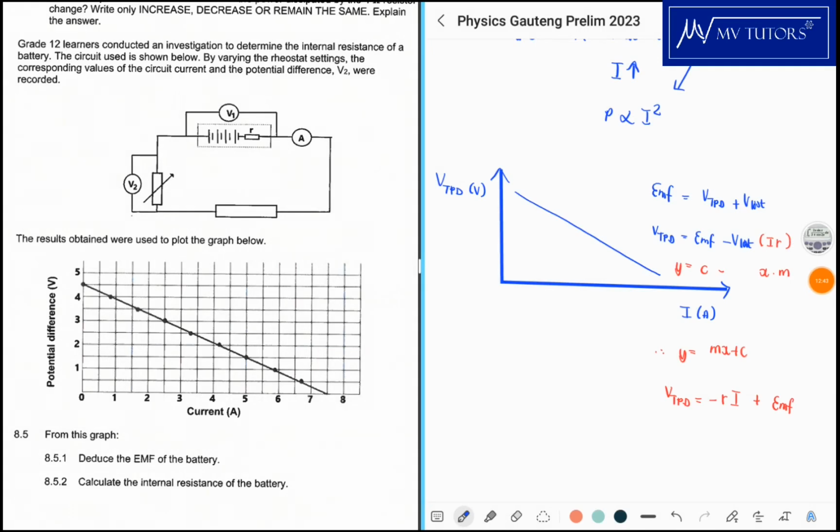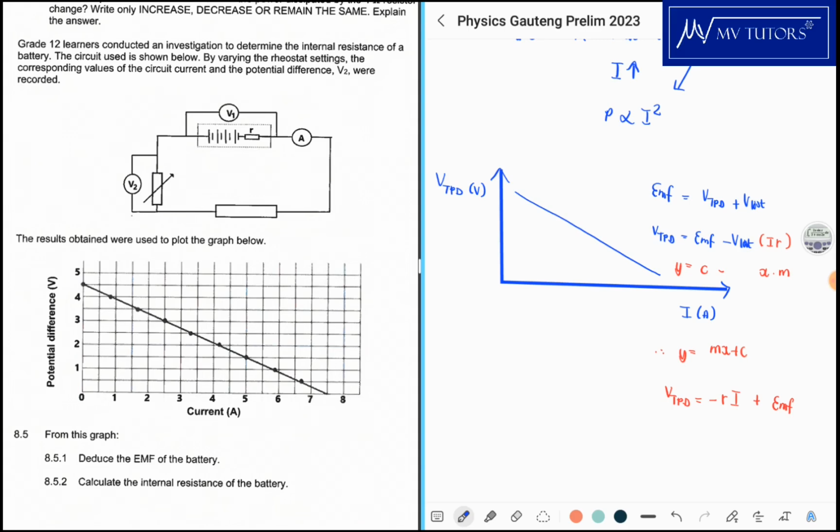Okay, so what I wanted to show you through that video is this graph that I did cover, where we have potential difference or terminal potential difference versus current, and it's a downward slope. Alright, so you're going to write down your equation for the EMF, which is the terminal potential difference or external voltage plus your lost volts.